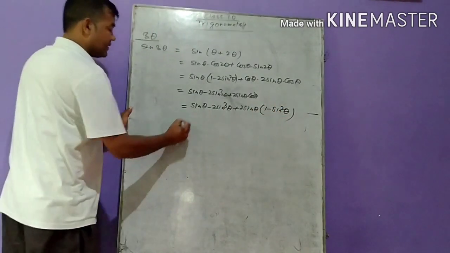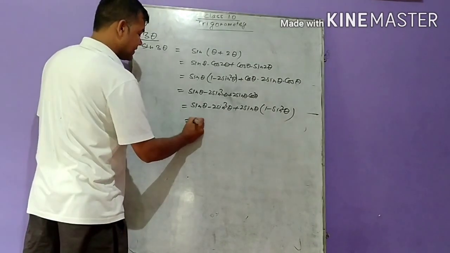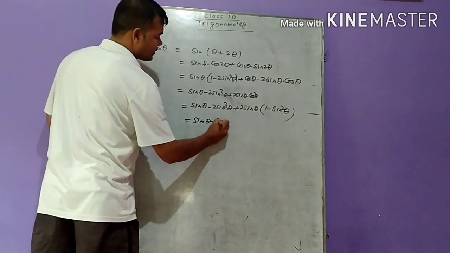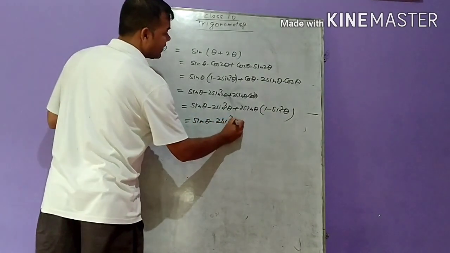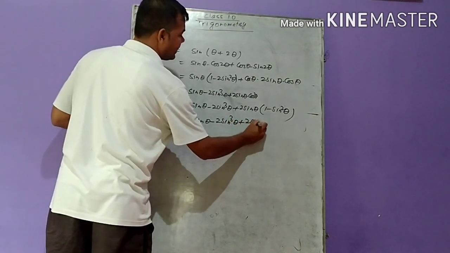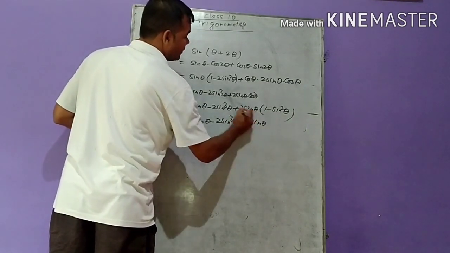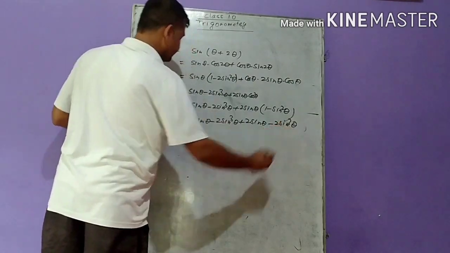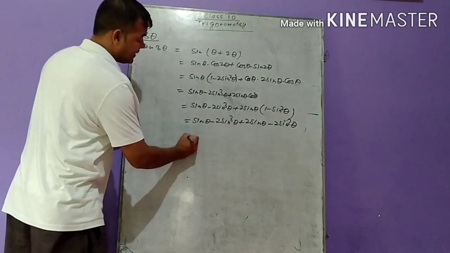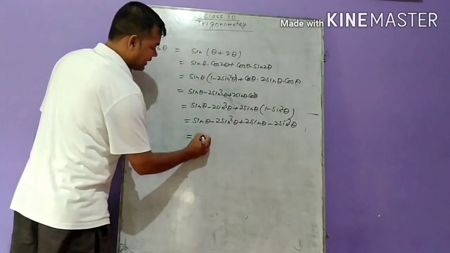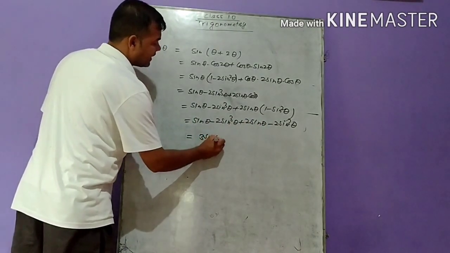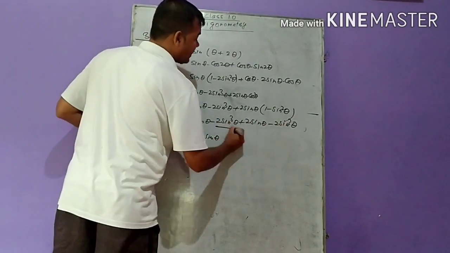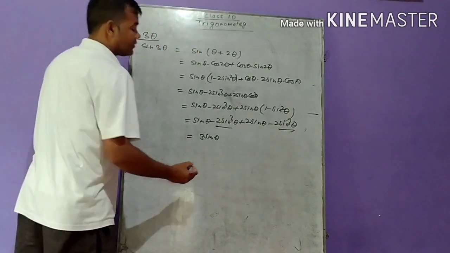So we can also write sin theta minus 2 sin cube theta plus 2 sin theta minus 2 sin cube theta. What we see, sin theta plus 2 sin theta means 3 sin theta, and these both are like terms, so this can also be added.